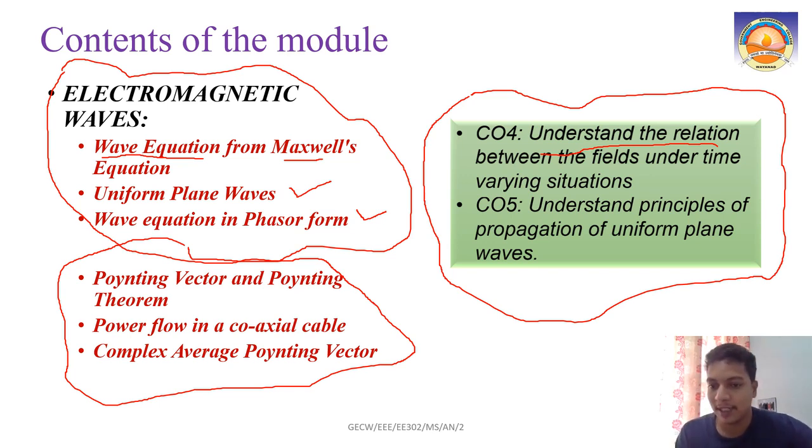That is some of that is covered in the last module also. Then the second part is to understand the principle of propagation of uniform plane waves. So we are going to see what is meant by uniform plane waves. These are the two course objectives that we are trying to achieve by going through this particular module.